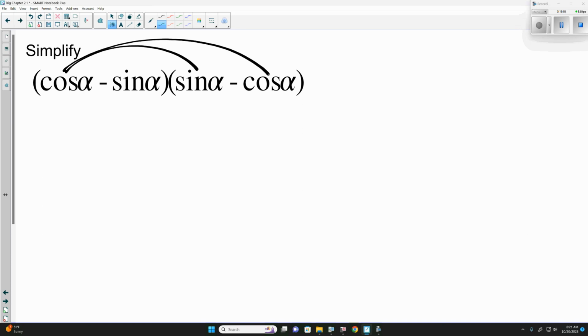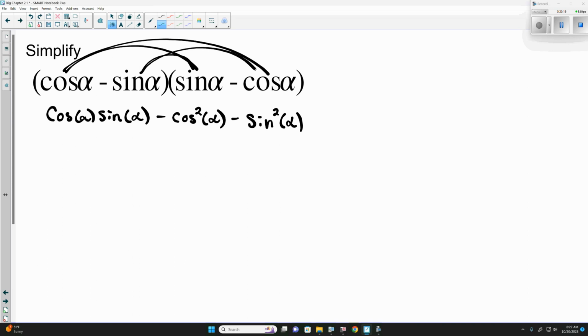So we'll have cosine of alpha times sine of alpha. Well, that's just going to be cosine of alpha, sine of alpha. Cosine of alpha times negative cosine of alpha would be negative cosine squared of alpha. Negative sine of alpha times sine of alpha would be negative sine squared of alpha. And lastly, negative sine of alpha times negative cosine of alpha.